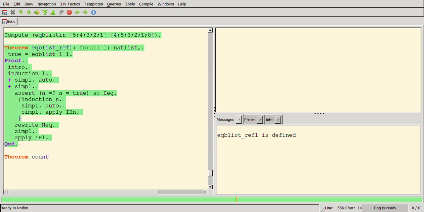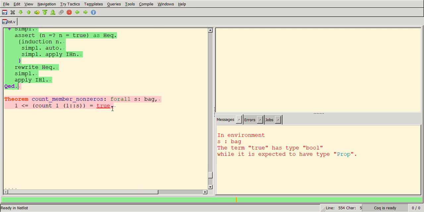So count member non-zeros, and this is the name of the lemma theorem: for all s of type bag, we say that 1 is less than or equal to count 1 in the list or bag where 1 is appended at head, and this is equal to true. Let me compile this first. True is not accepted.